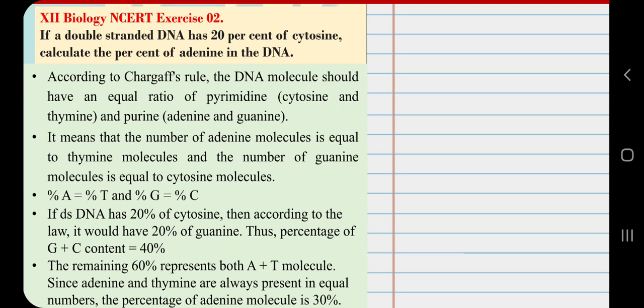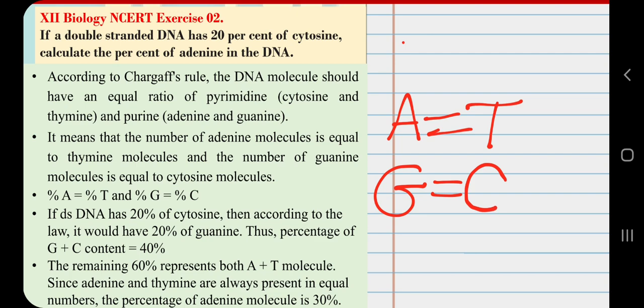So how can we know? We have not learnt the structure of DNA completely, but we know one thing, that in any DNA molecule, A is equal to T and G is equal to C. Now what is given?